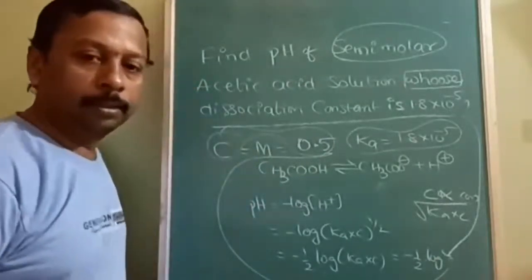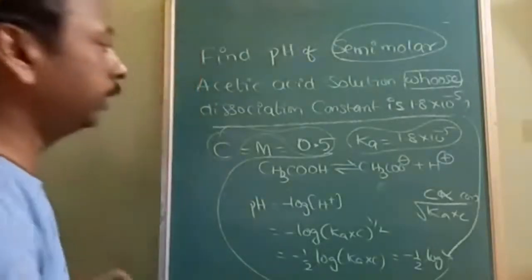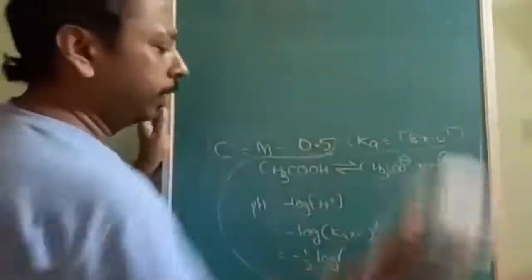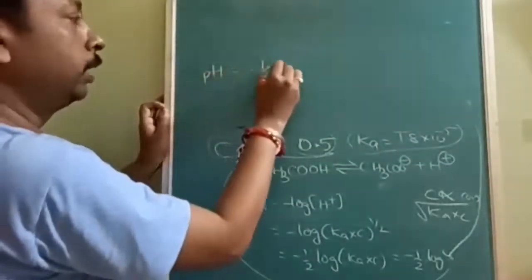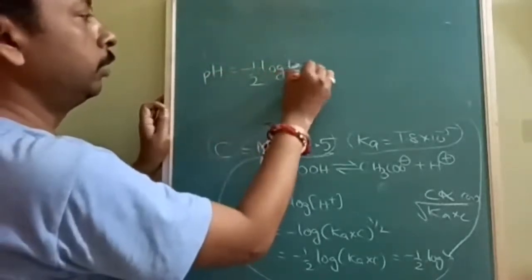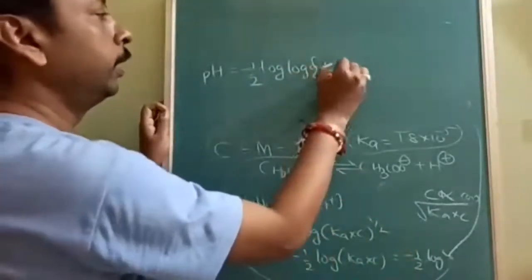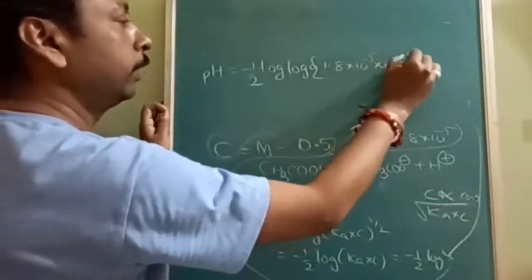If anybody has done it like this, I am writing the final answer here. I think everybody noted the question. pH is equal to minus 1 by 2 into log of 1.8 into 10 to the power of minus 5 into 0.5.